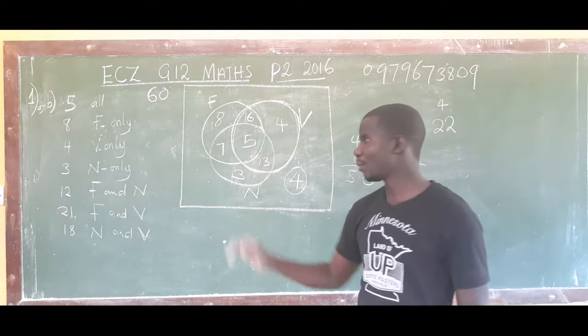D. A point P within triangle ABC is such that it is 4 centimeters from C, which is this one here, and equidistant from AC and BC.